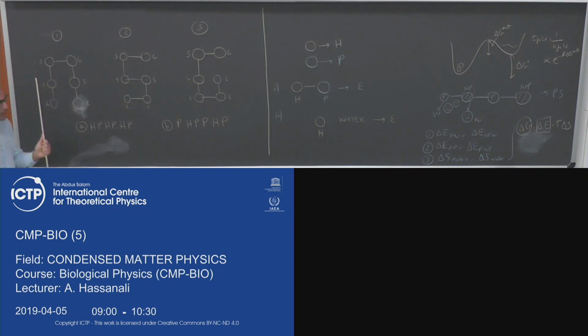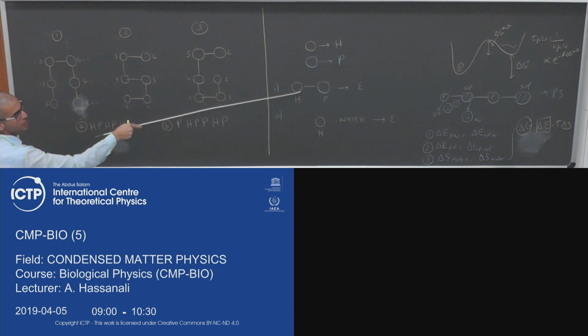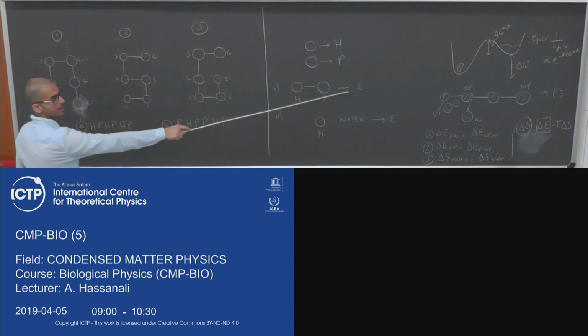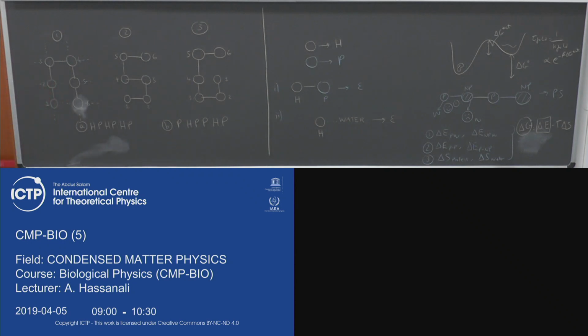So when H interacts with P, not as nearest neighbors, I pay an energy cost of epsilon.